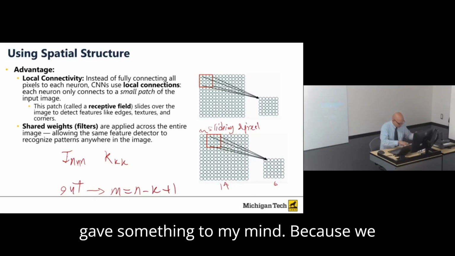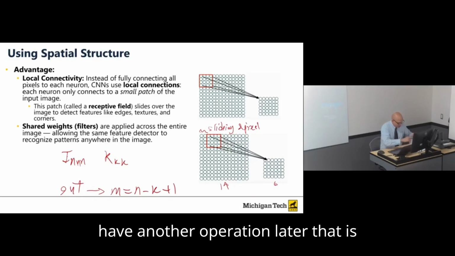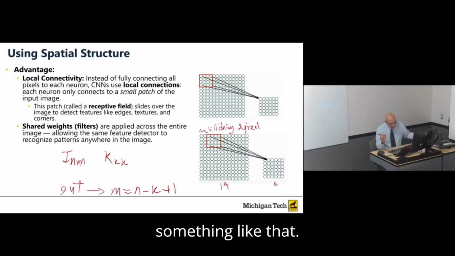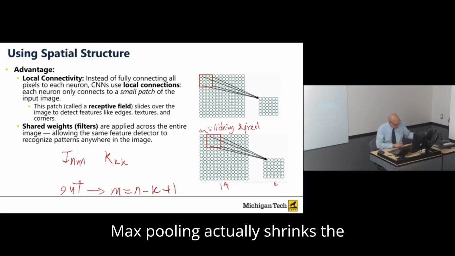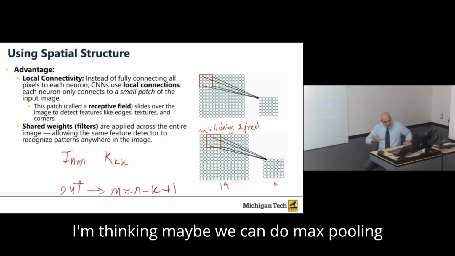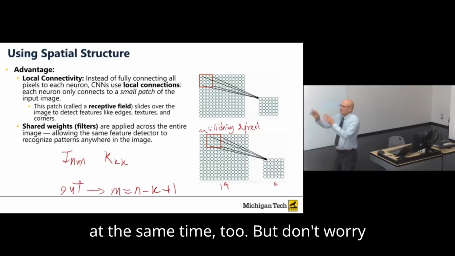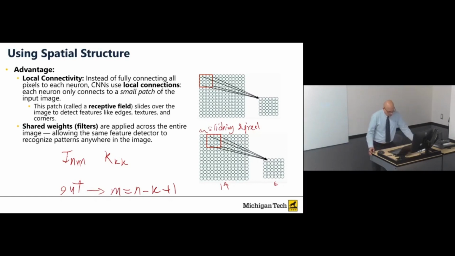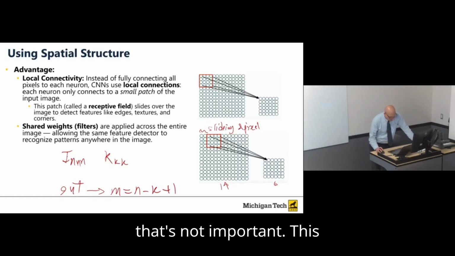It gave me an idea, because we have another operation later that is max pooling. Max pooling does something like that; it shrinks the size. Maybe we can do max pooling at the same time too, but don't worry about that, it's not important.